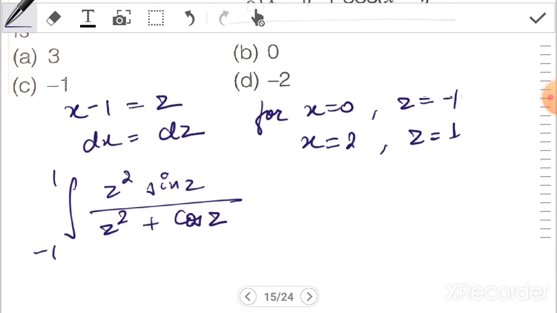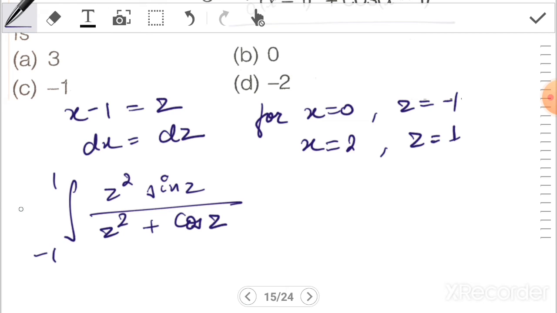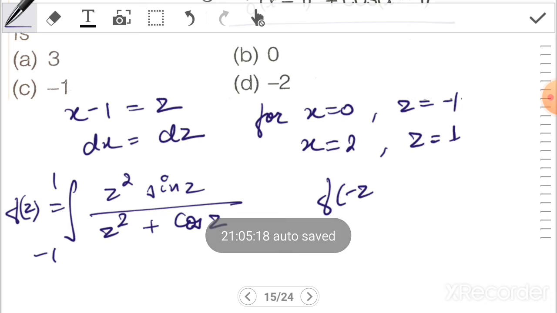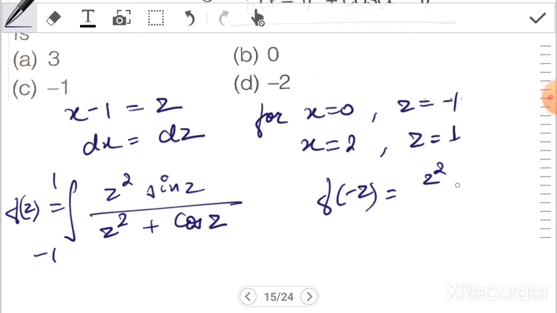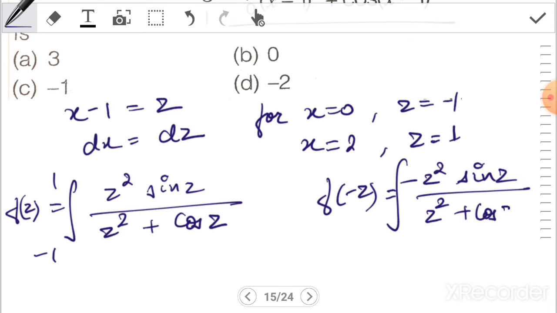Okay, now say this is f of z. Let us find f of minus z. So this is z square sin of minus z. So sine is an odd function, so minus sin z by z square plus cos of minus z is equal to cos of z, since cos is an even function.